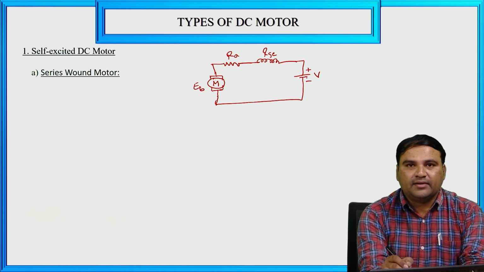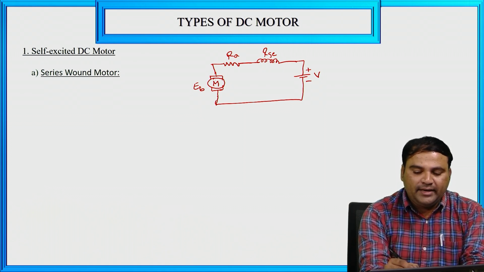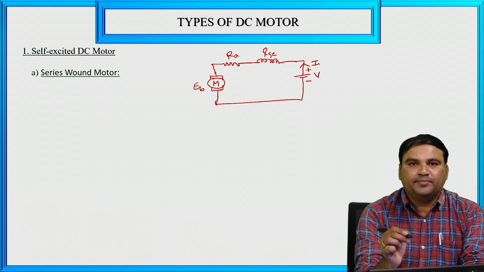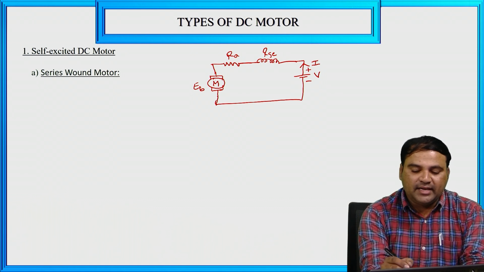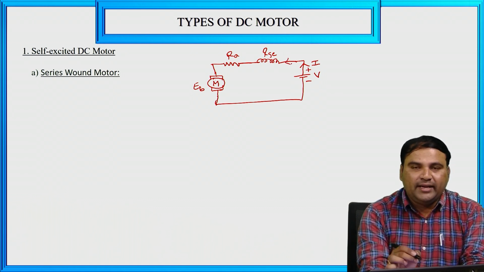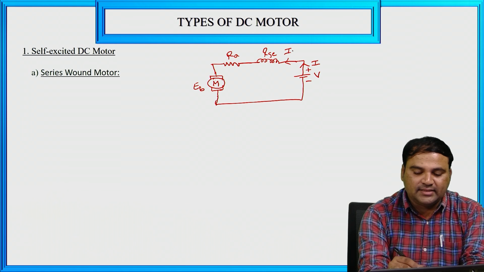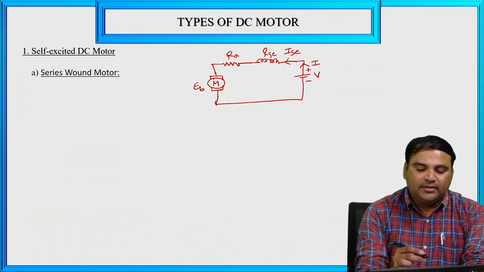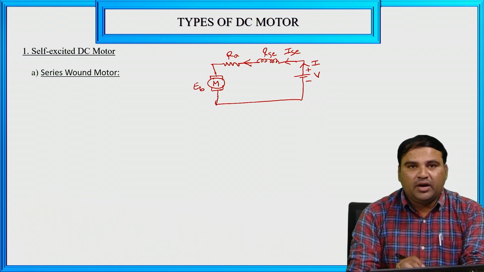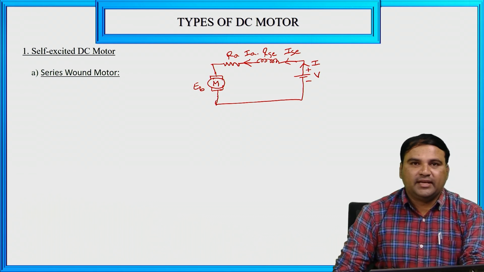From the source we are having the current, which I am taking as I. The current flows through RSC and RA. The current through RSC I am taking as ISC, the series field current, and the current through the armature resistance, I am taking as IA, the armature current.